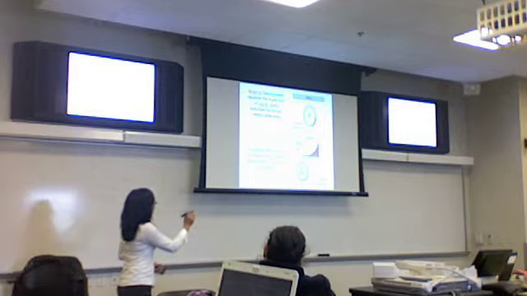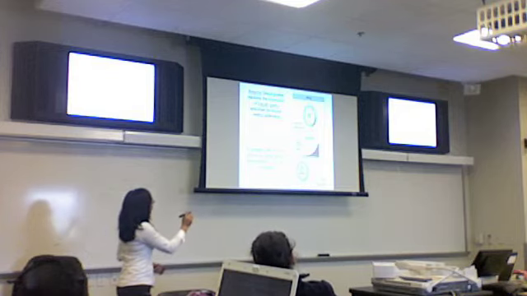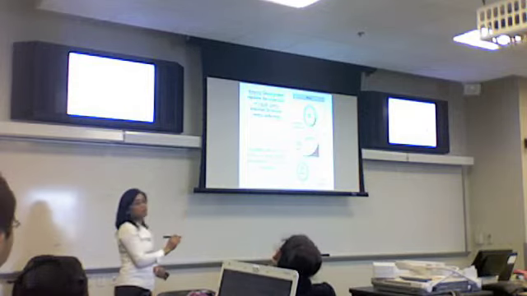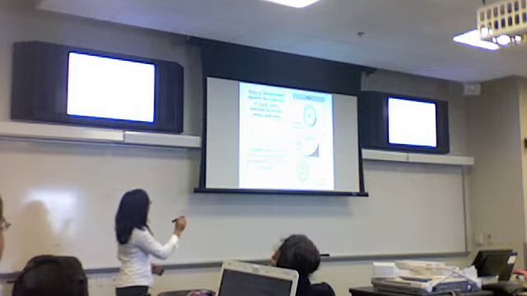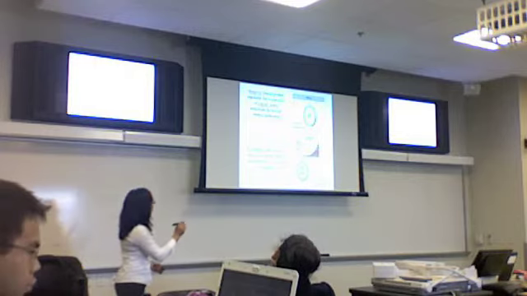If dorsal is a transcription factor, and it's expressed in high concentrations in the nuclei, then there's a certain threshold of dorsal protein that is required to get transcription of the twist gene. So at this level of dorsal protein and higher, you're going to see twist being expressed.